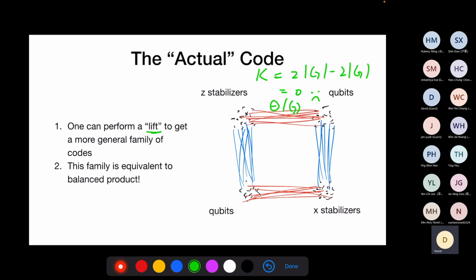Here the vertices are only labeled by G, but actually you can make more copies of it. For example, you can turn it into 2 times 2 that many points.